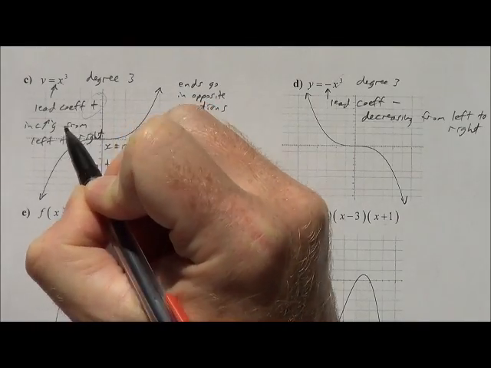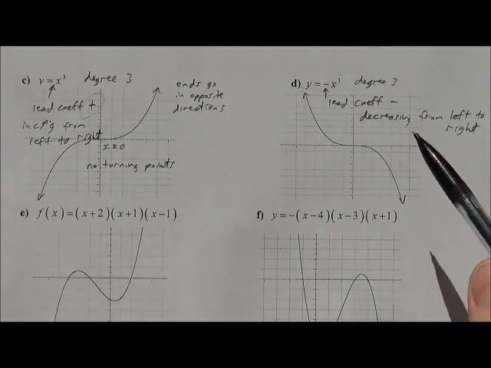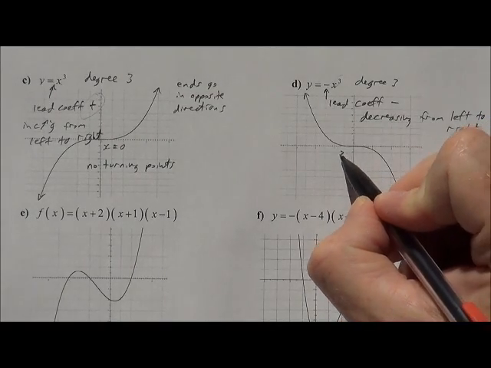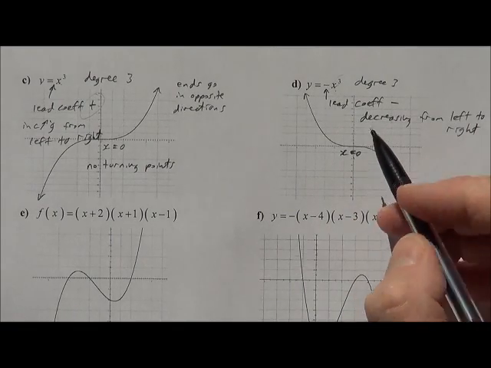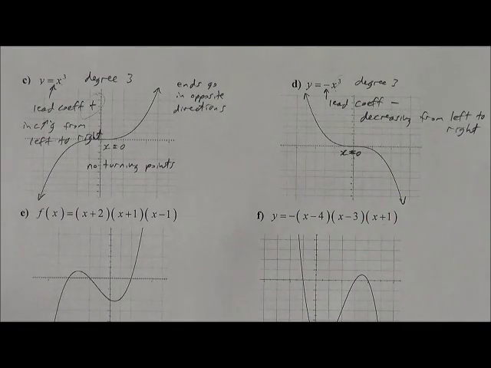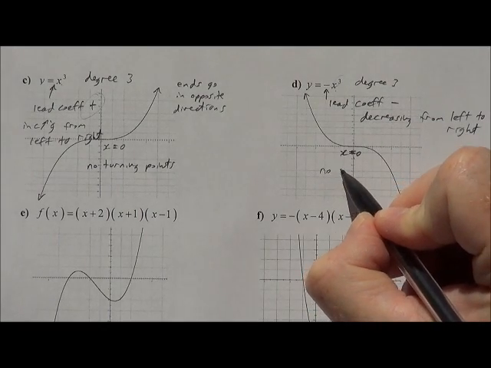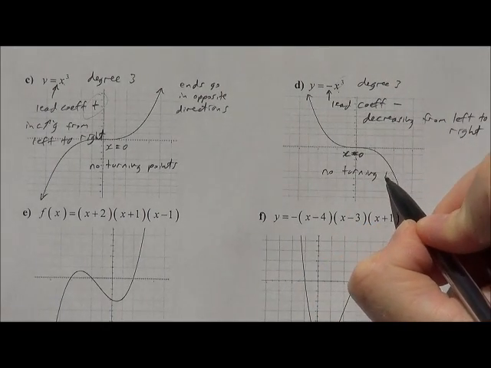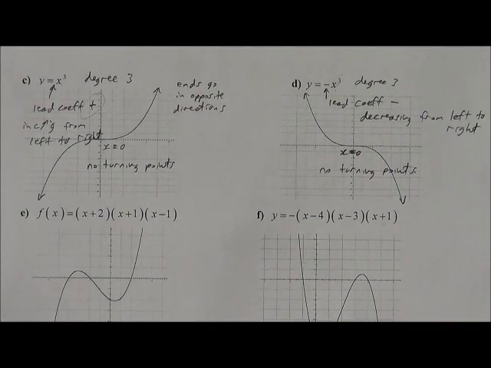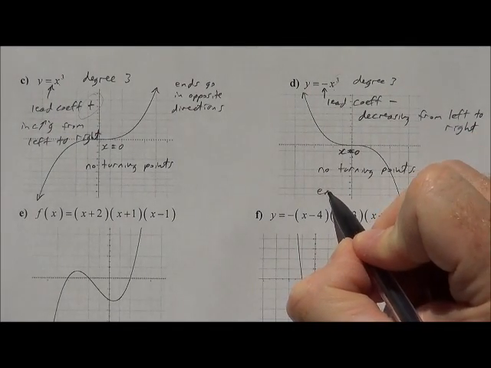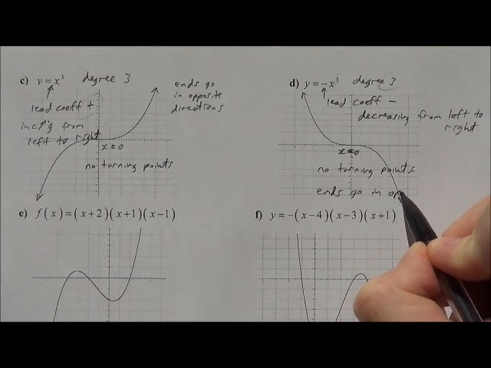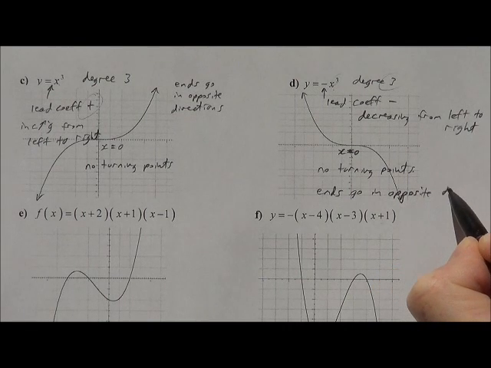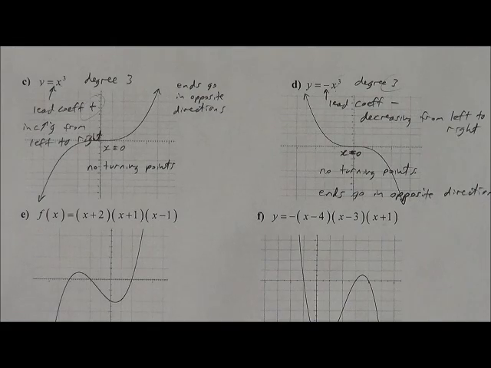The zero is x equals 0. Notice the factor there. Turning points, again, no turning points. And the end behavior, because it's degree 3, the ends go in opposite directions again.